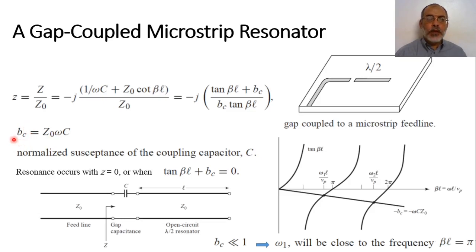Okay? So, the normalized input impedance is minus j multiplied by tan beta L plus BC over BC tan beta L.